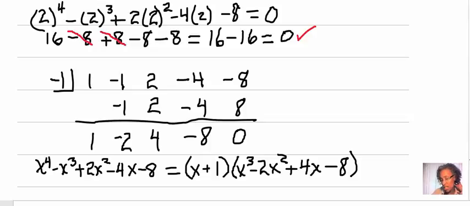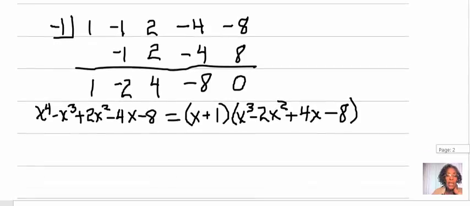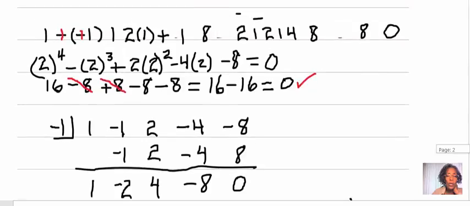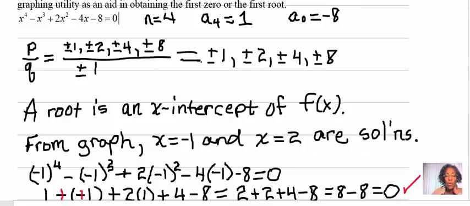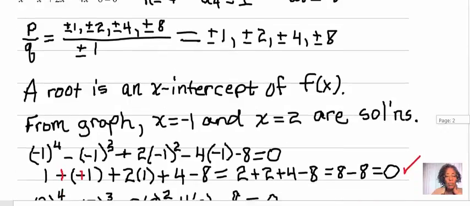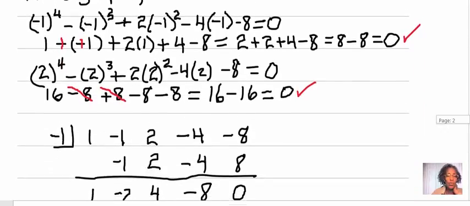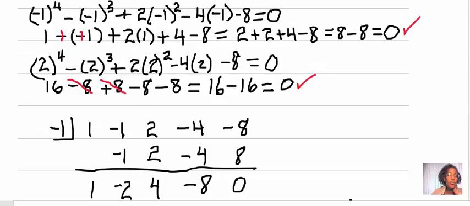So what we're doing here is actually unnecessary, but this is how you could have tested. When you go back to that list of rational roots, synthetic division can be used to test those roots. Or you can test those roots by substituting those in place of x in the function and seeing whether or not the outcome is 0.